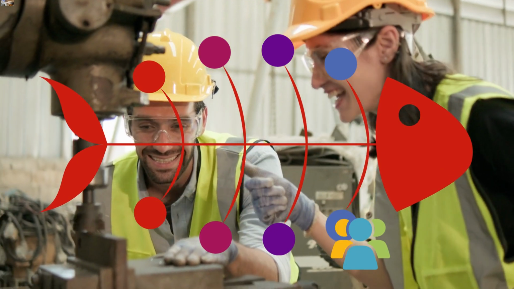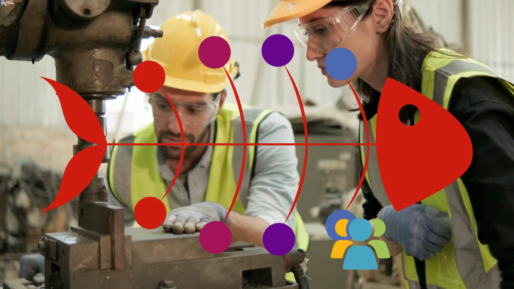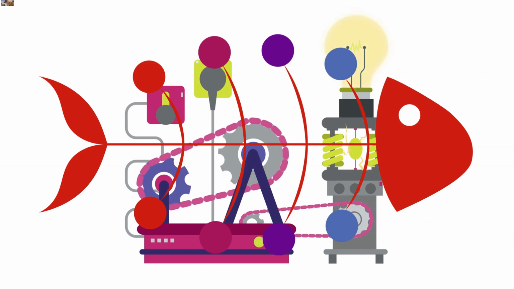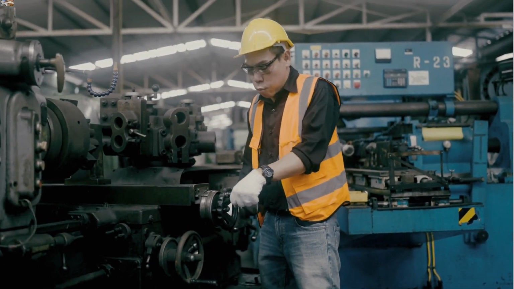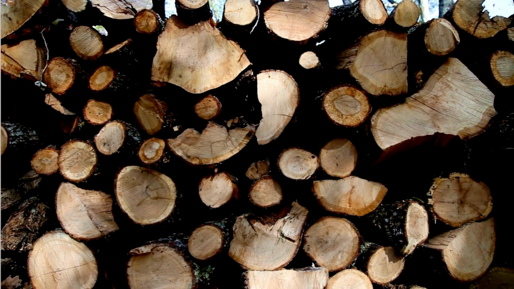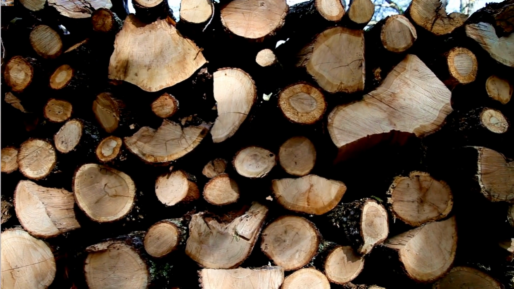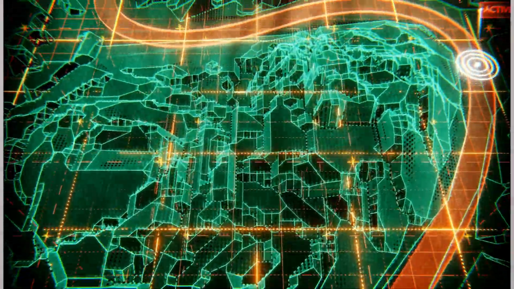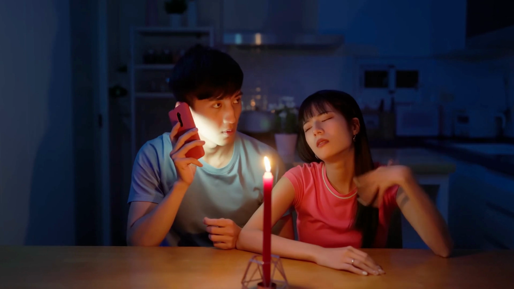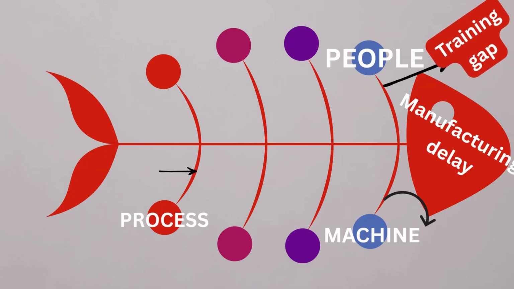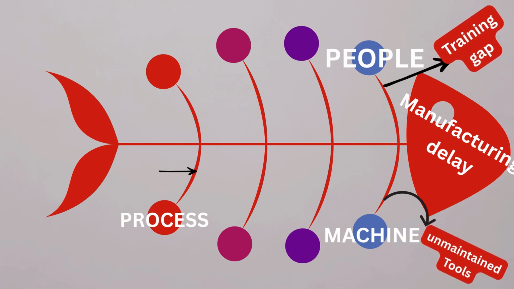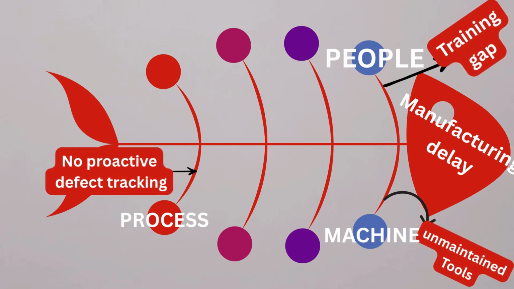Maybe workers are not trained on new machines, or the process, no updated standard operating processes, or machines, the cutter in the machines are not maintained, or materials, new wood batch is warped, or measurements, no defect tracking system, or even the environment, weekly power outages. Now, the root causes identified are training gap, unmaintained tools, and no proactive defect tracking.